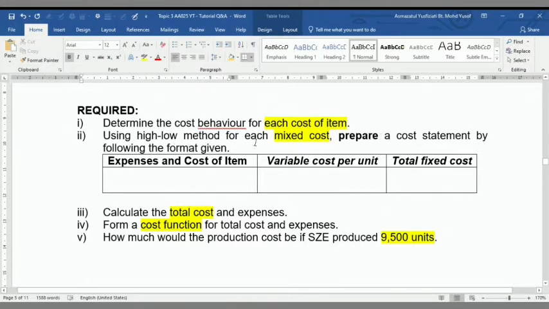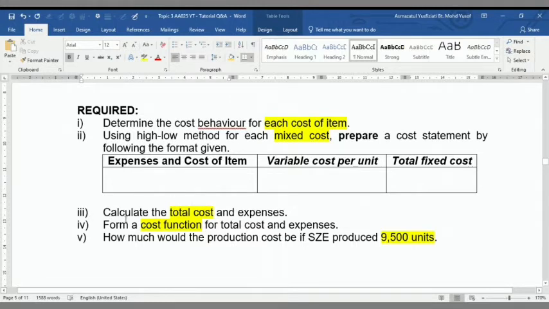format given. So, in 1 Roman question, you already determine the cost behavior. So, in 2 Roman, you have to segregate the cost for the mixed cost. Yeah. So, you have to pecahkan the cost into fixed cost and the variable cost. And then use the format given, the table here.